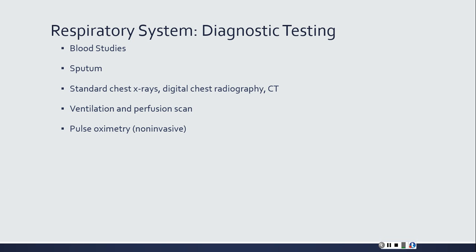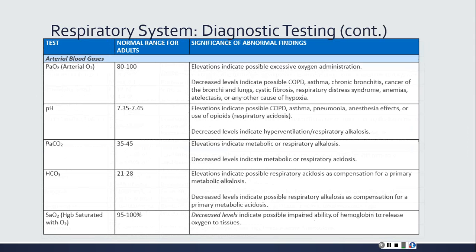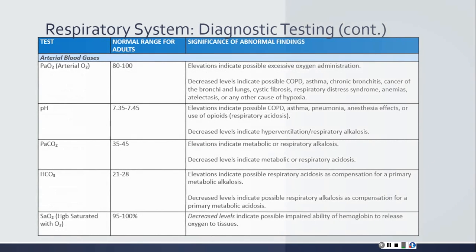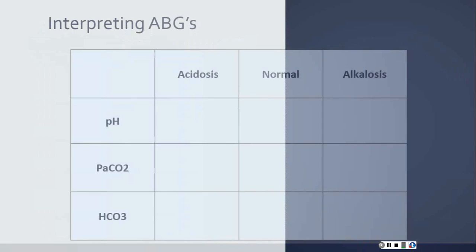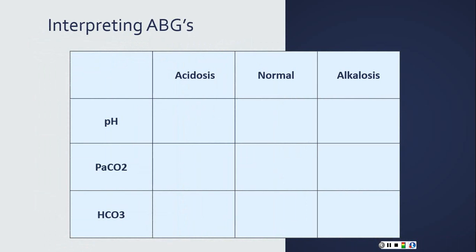All right. So now let's look at our ABG levels. I know this is something that y'all kind of freak out a little bit about. But first, these are the three most important indicators that you'll look at: pH, CO2, and bicarb.